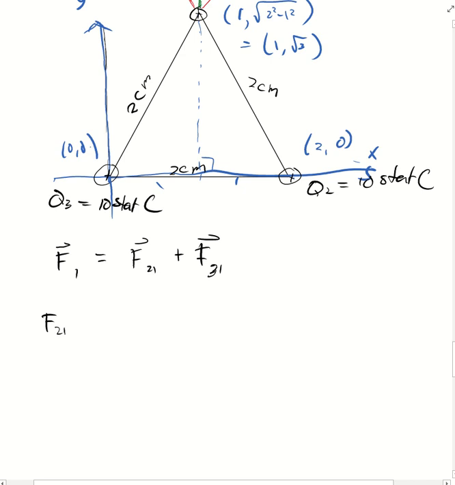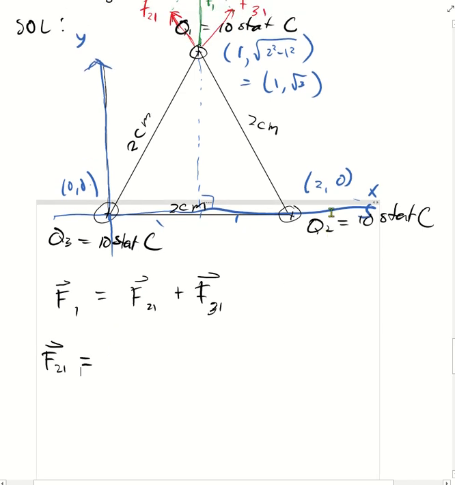So F21 now, solving for F21, the force due to 2 at Q1. This will be Q1 times Q2 all over K. Let's assume this is in air or space.